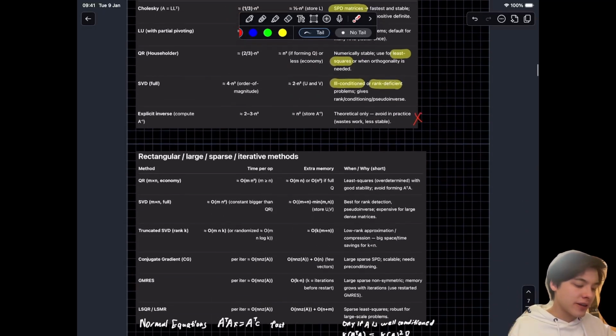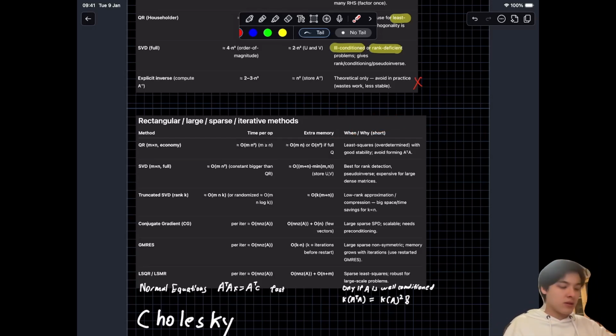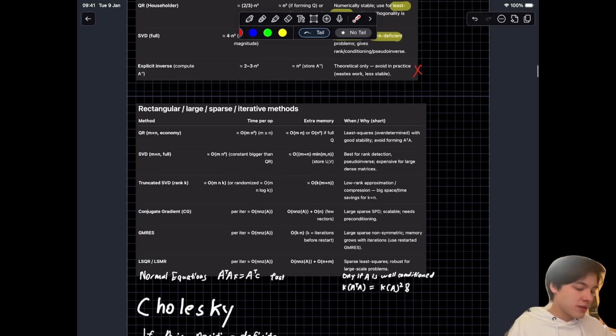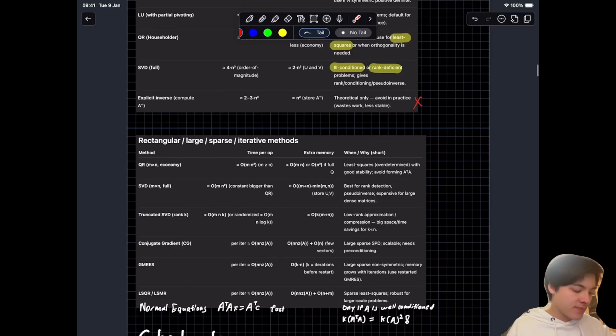And now let's look at if it's sparse or rectangular, that means if it's like this or like this matrix, overdetermined, underdetermined systems. So we have the QR, which we already saw. It's to solve the least squares problems. Then we also have SVD.